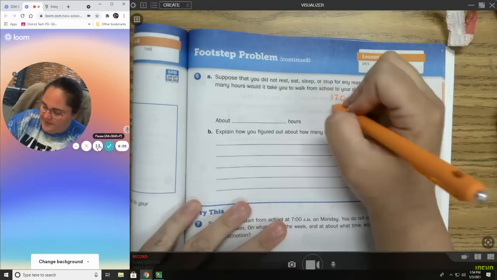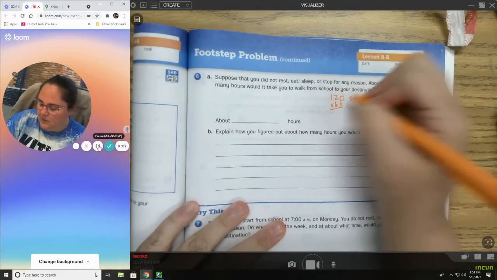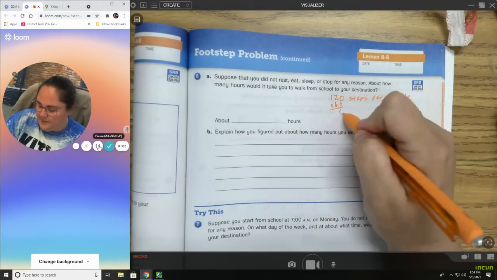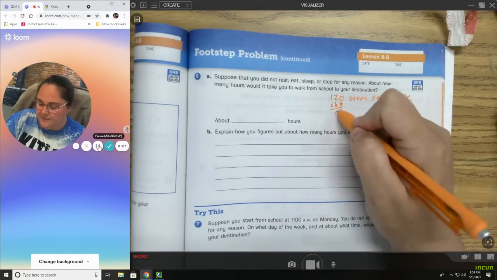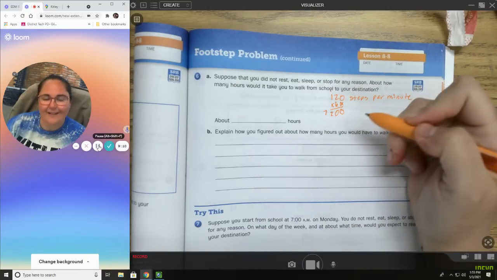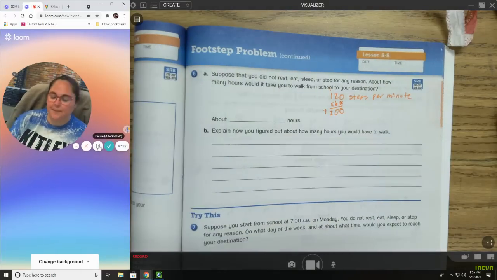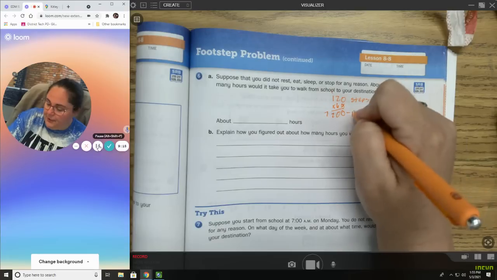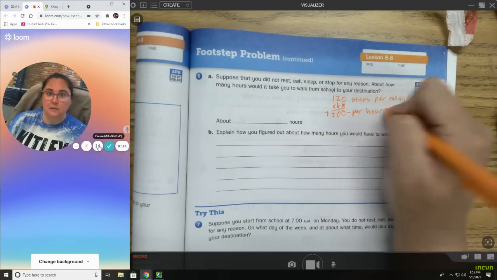All right, I'm going to multiply that by 60. Here we go. 6, bring that 0 down. 6 times 0 is 0. 6 times 2 is 12. 6 times 1 is 6 plus 1 is 7. So 7,200 steps per hour. Okay.